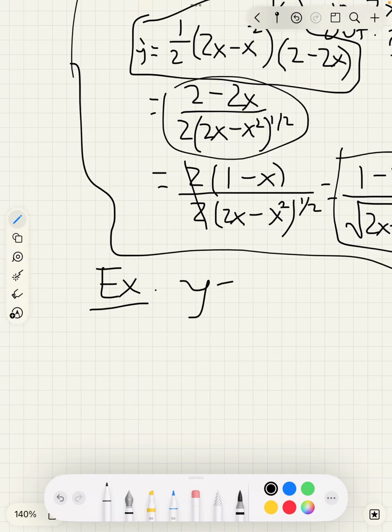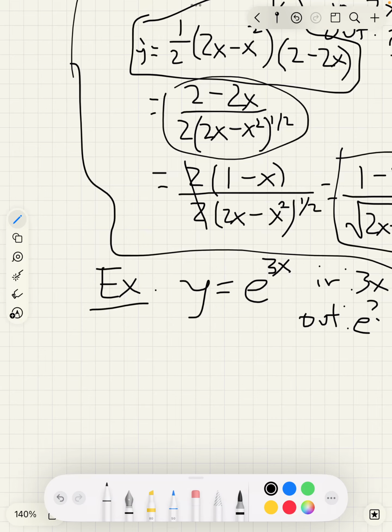Let's say that y is equal to e to the 3x. Well, if you remember, we can write out our inside and our outside function. Inside we have 3x. Outside we have e to the stuff. All right.